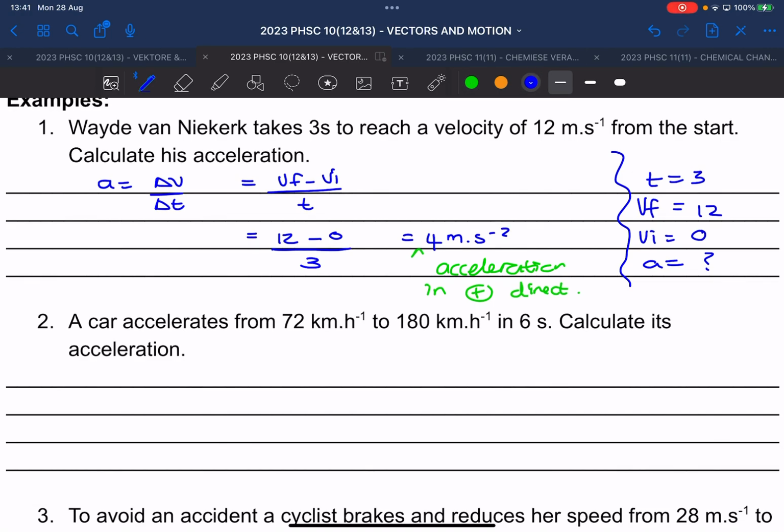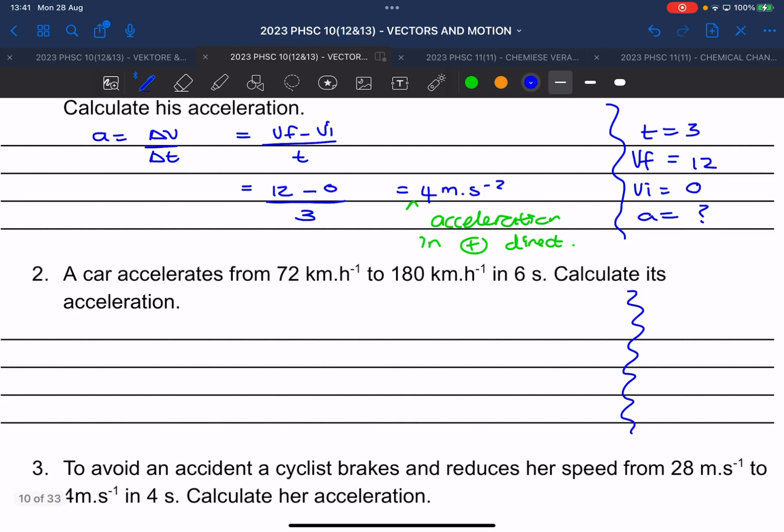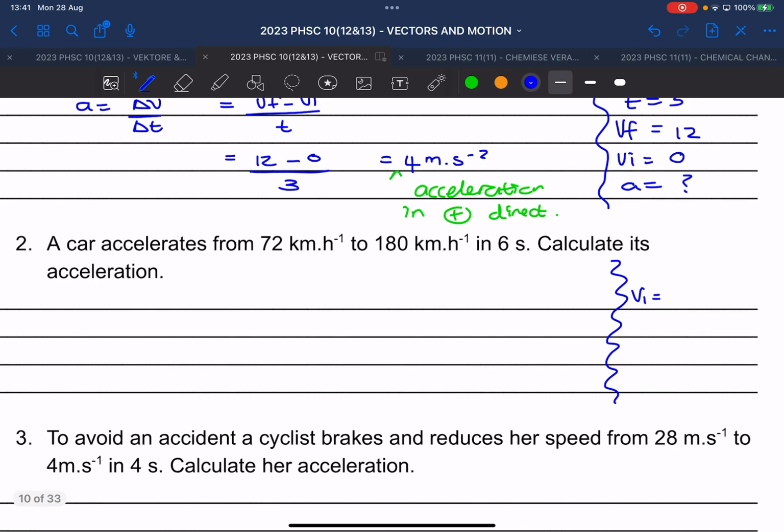Next one, they ask. A car accelerates from 72 kilometers per hour to 180 kilometers per hour in 6 seconds. Calculate its acceleration. What is the car's initial velocity? 6?